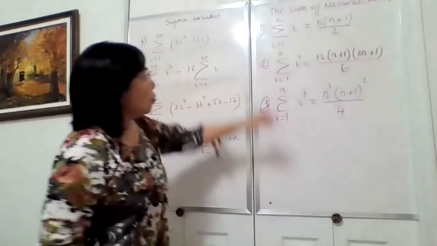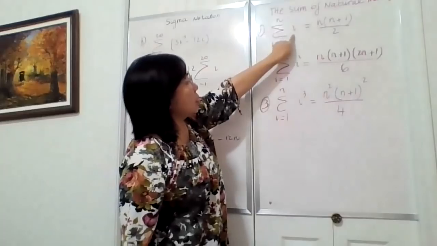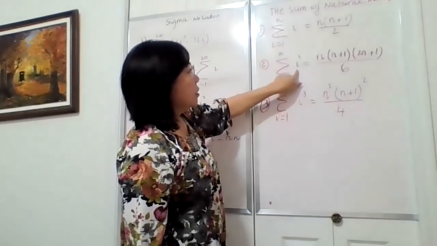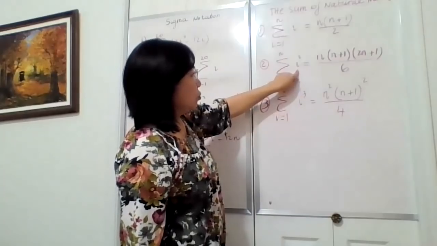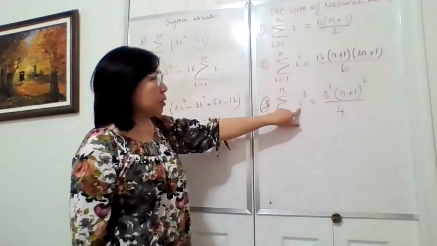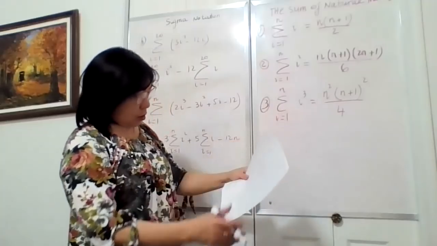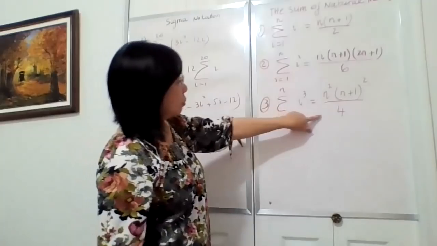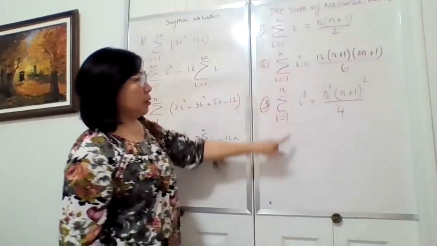So these are the sums of natural numbers. This we call the sum of the first natural numbers, this the sum of the squares of natural numbers, and this the sum of the cubes of natural numbers.